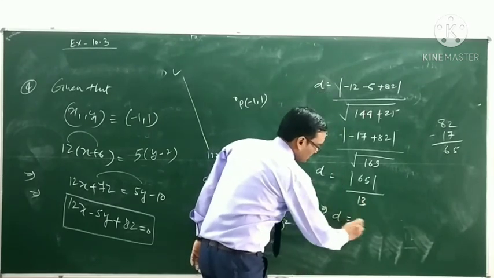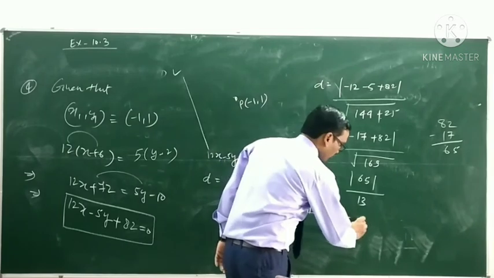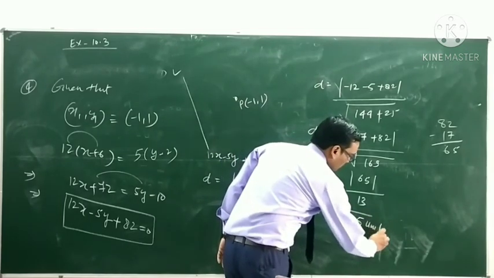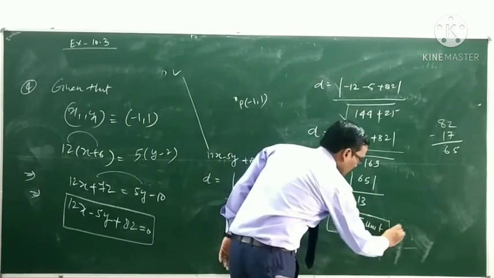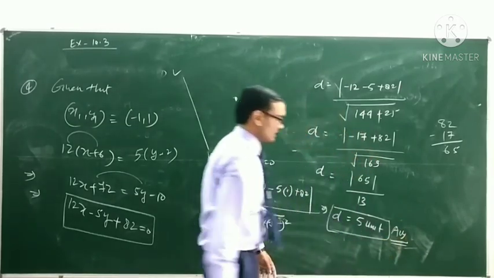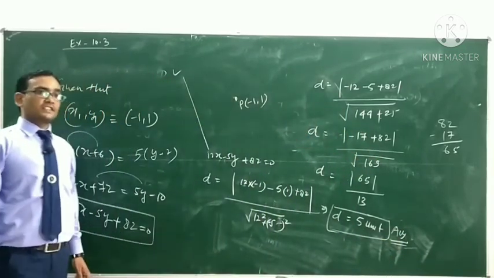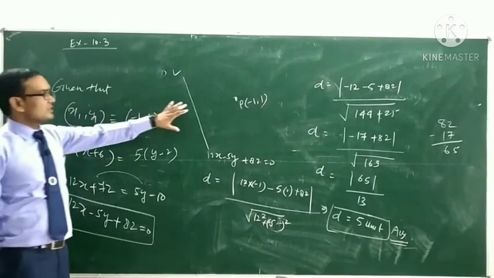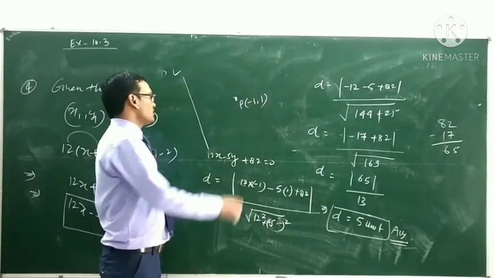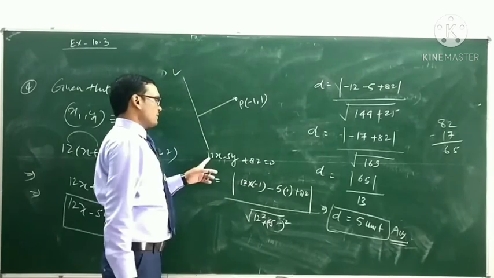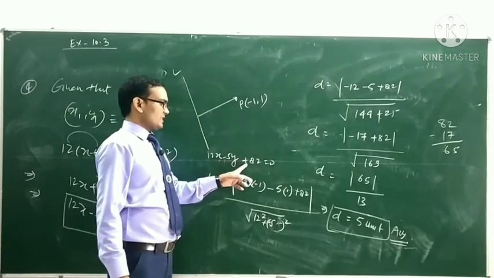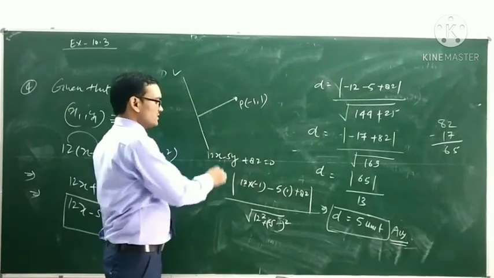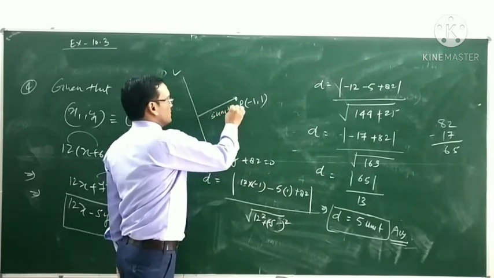This implies that d equal to 5, d equal to 5 units. Okay students, here the answer is 5 units. The distance of the point minus 1 comma 1 from the line 12x minus 5y plus 82 equal to 0 is 5 units.